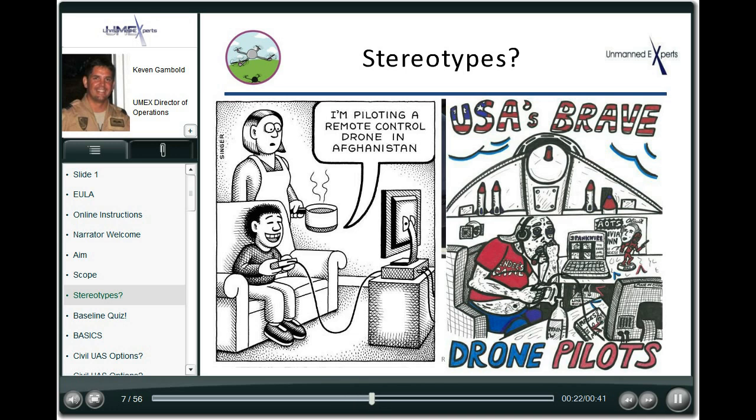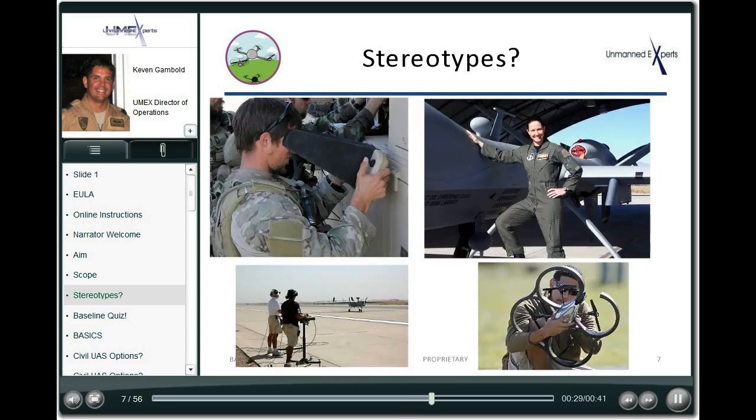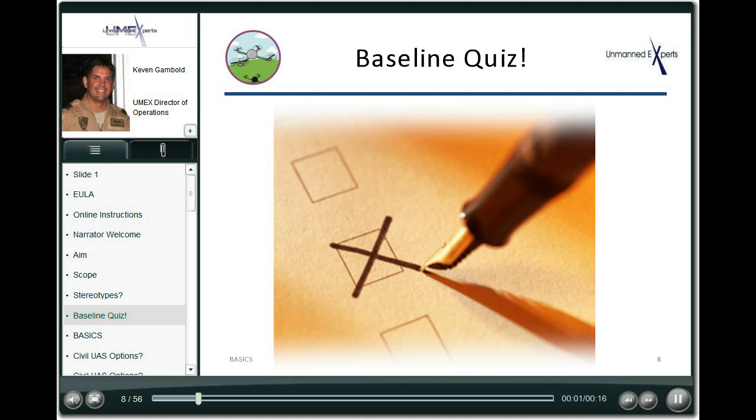However, what we'll find out later on during these courses is that this is more the type of UAV operators that we're going to be seeing. And each one of these, although they look very different, is a UAV pilot operator, remote piloted aircraft system operator in their own right.